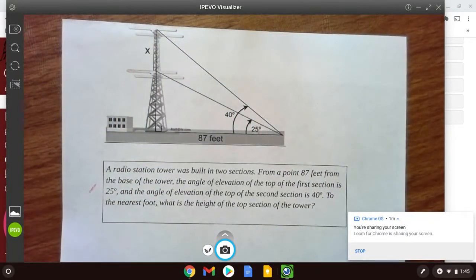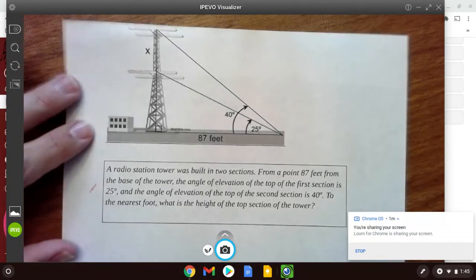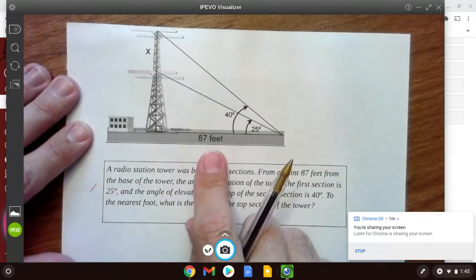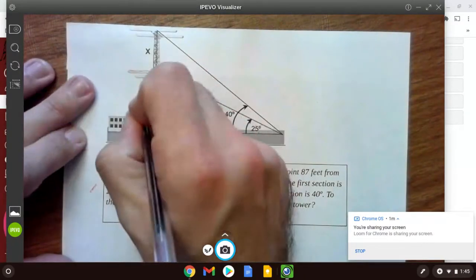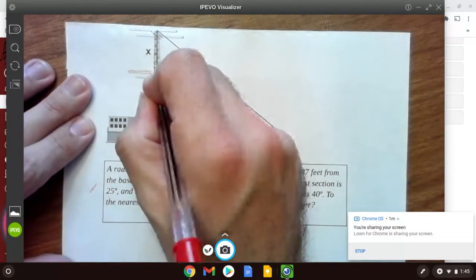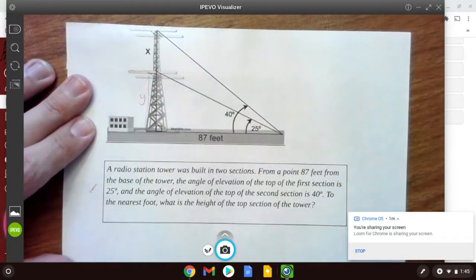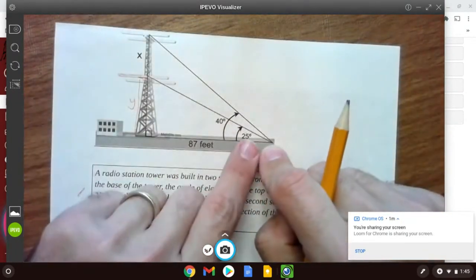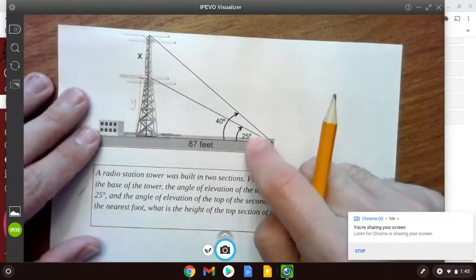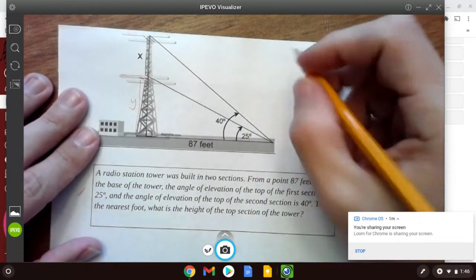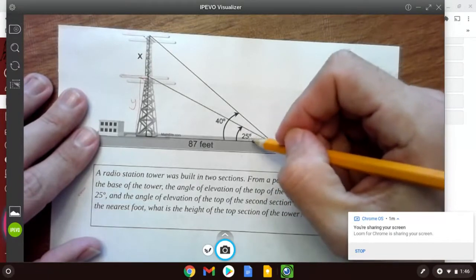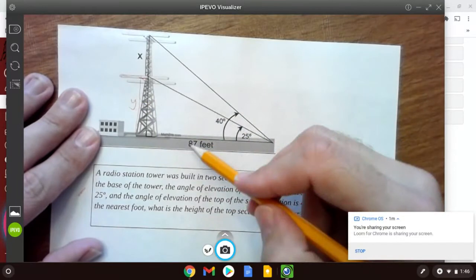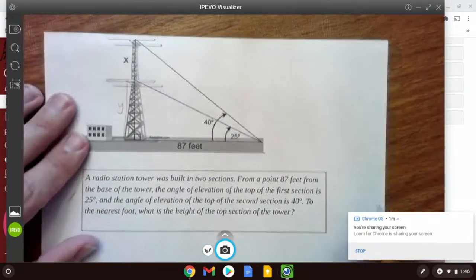All right, so let's start with the 87 feet they give us, and we're going to use that for both of these. Let's start by finding the first section of the tower. Notice if we're just working with this 25-degree angle, we associate this with opposite over adjacent, so this is going to be a tangent.